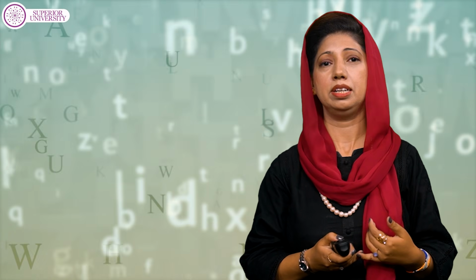Conjunctions make our speaking and writing smoother, clearer, and easier to understand. For example, Ali studies hard because he wants to succeed. The word because connects the reason with the main idea. Without the conjunction, the relationship between the two ideas would not be clear.